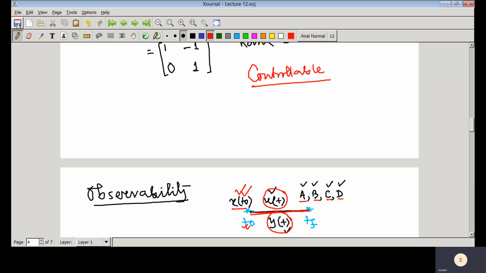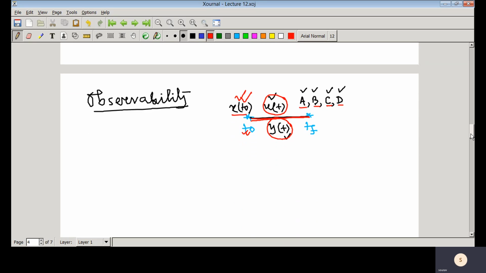So this is actually a structural property, and it says whether we can calculate any state variable at the initial condition or not. So let us see the formal definition.